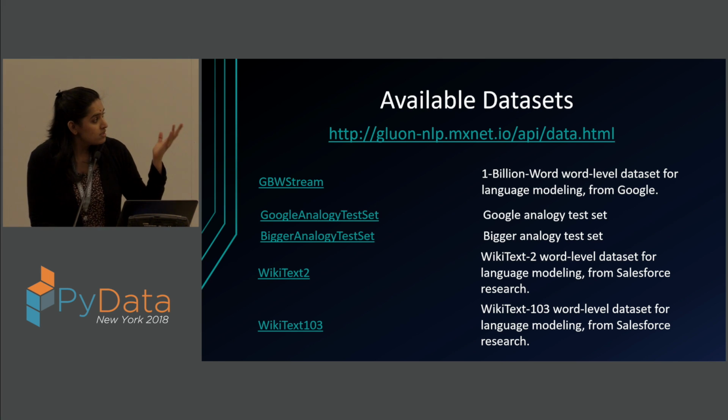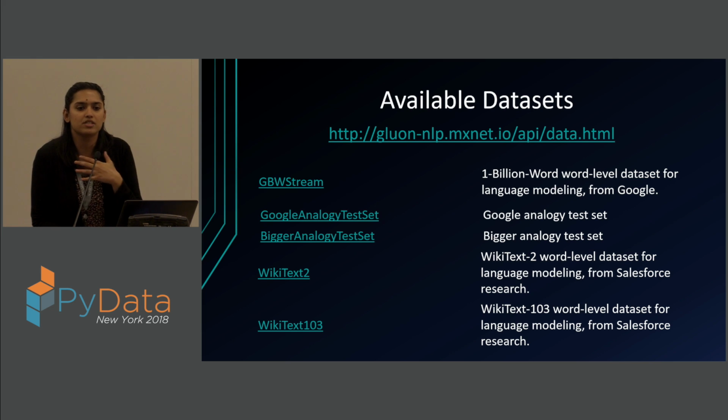So this is by no means an exhaustive list, but for example, the Google 1 billion word level format is the standard for all language modeling tasks. The analogy and the analogy test sets are the benchmark for evaluating all kinds of word embeddings.